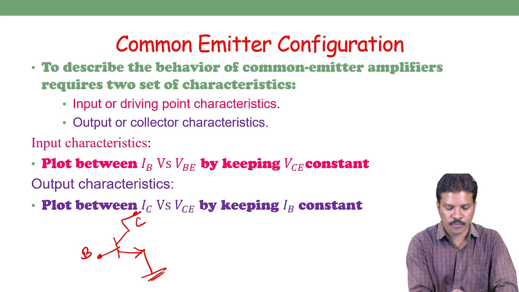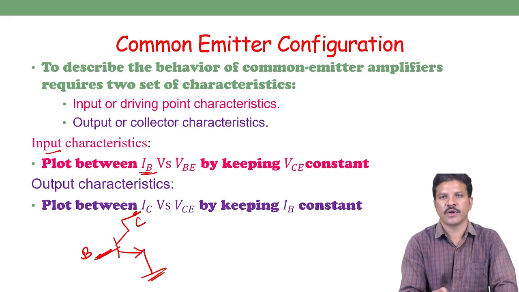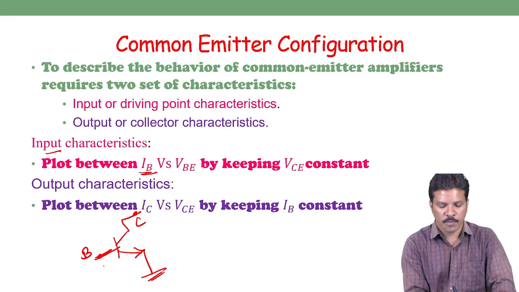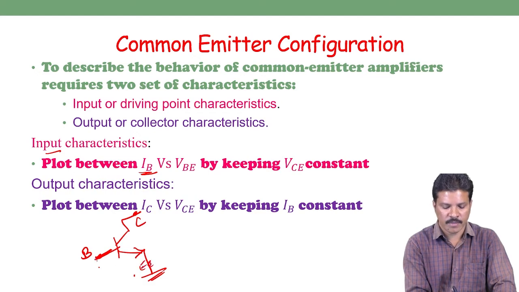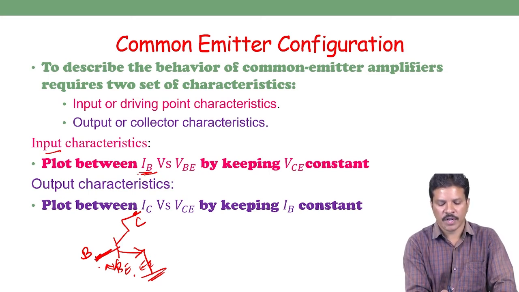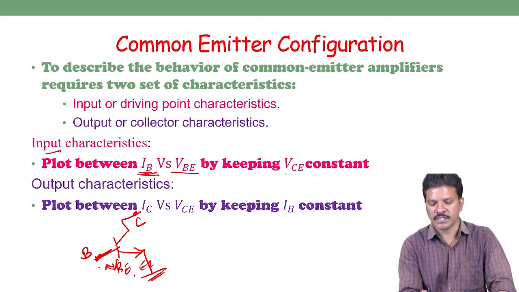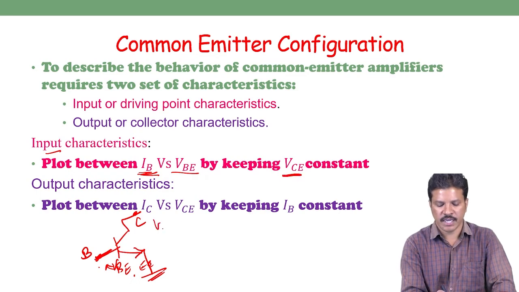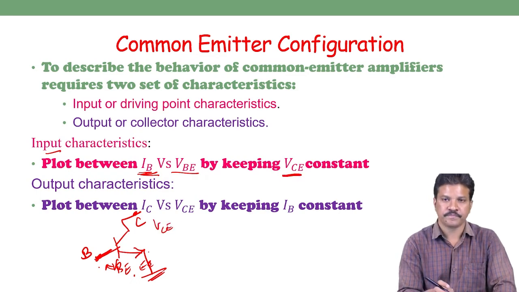The current at the input terminal is the base current IB, and the voltage between base and emitter is VBE. So it is a plot between input current IB and input voltage VBE, keeping the output voltage VCE constant.